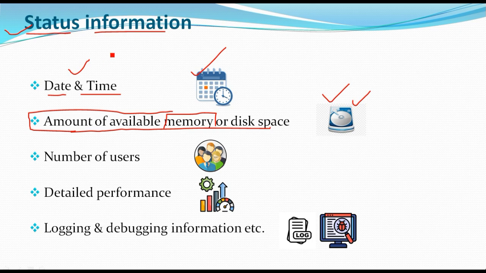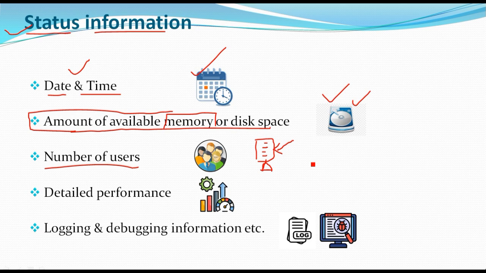Number of users: how many users are connected to your computer, or how many users are using the computer. If I want to know who used this computer before me, I can check the log: how many users, what their names and IDs are, and through which ID someone has logged in to my system.